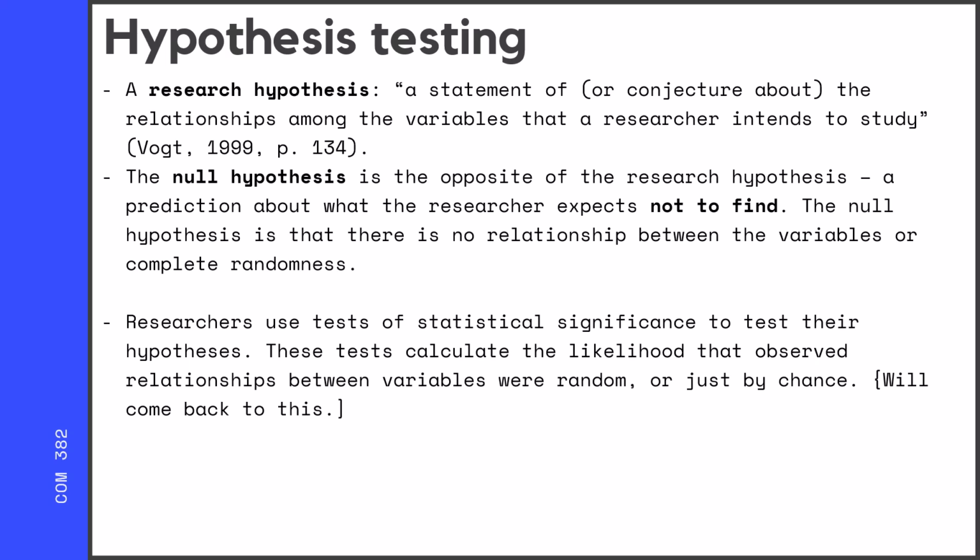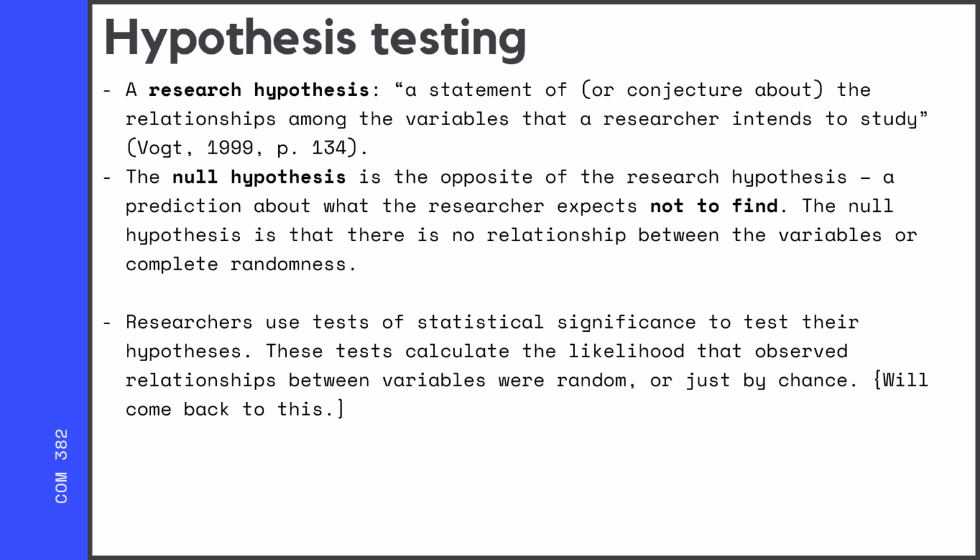We've talked about hypotheses in this class quite a bit before, but I'm going to explain about statistical significance in hypotheses. A research hypothesis is a statement about the relationships among the variables that the researcher intends to study. And then there's this thing called the null hypothesis. And this can be incredibly confusing.